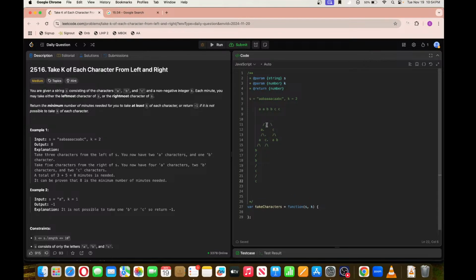Whenever for any branch the count of A, B, and C reaches k, then I will return, and I will also return the total number of minutes. This way every node will return the best out of its two children, you know.